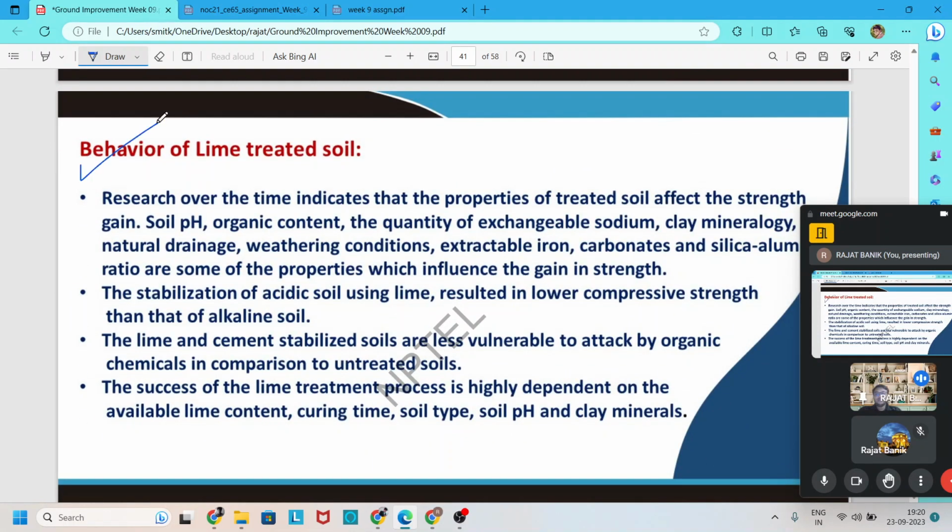Now we discuss the behavior of the lime treated soil. Research over time indicates that properties of the treated soil affect the strength gain.